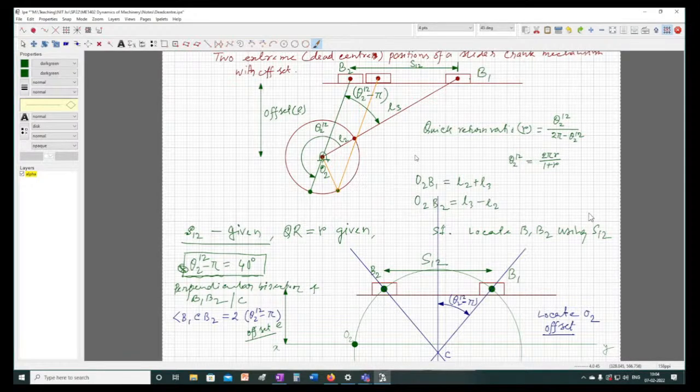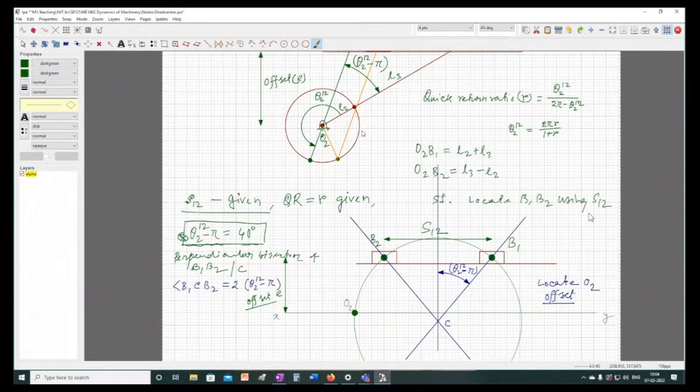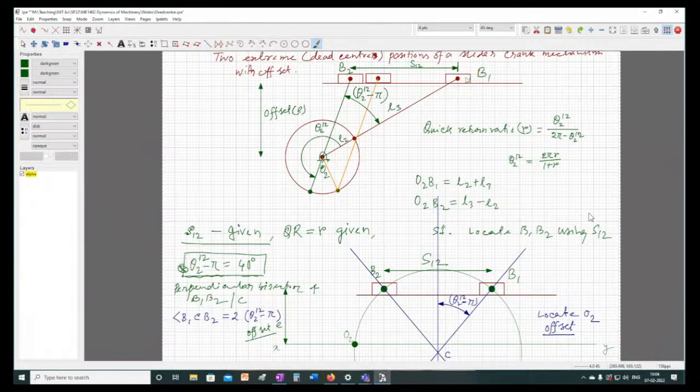Now see from here, I want to find out on this line what is this length L2 and L3. So O2B1, this length, is L2 plus L3.